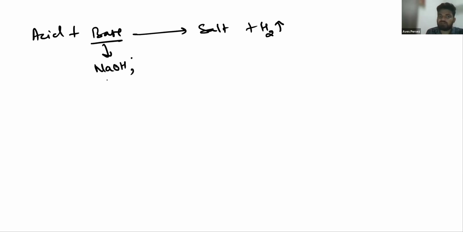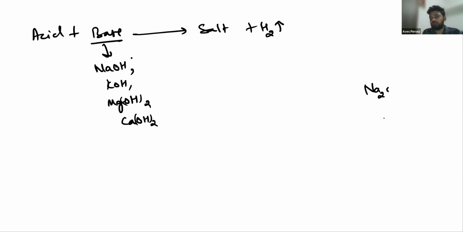It can be NaOH, KOH, magnesium hydroxide, calcium hydroxide. These are the normal bases. Apart from these, there are some metal oxides also, like Na2O, CaO, MgO, magnesium oxide, which are also basic in nature.